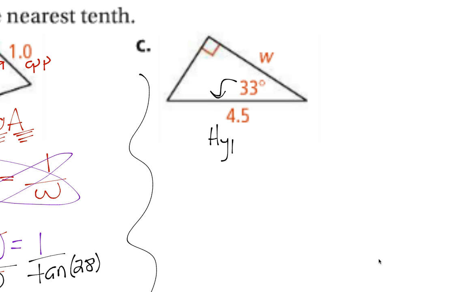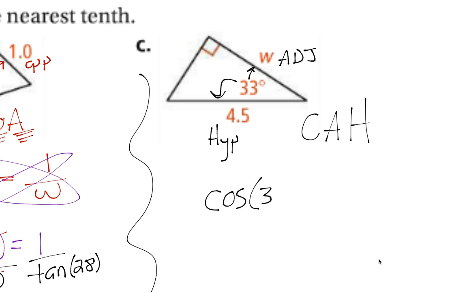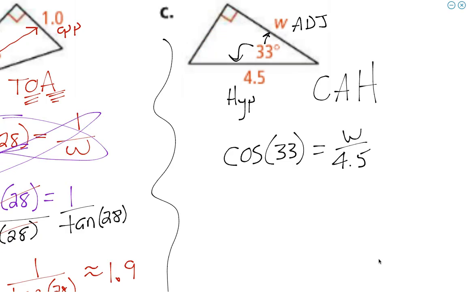Hypotenuse, adjacent. So I'm dealing with an A and an H, that's cos. And so SOHCAHTOA, so that's cosine of 33 equals adjacent over hypotenuse. Multiply both sides by 4.5.